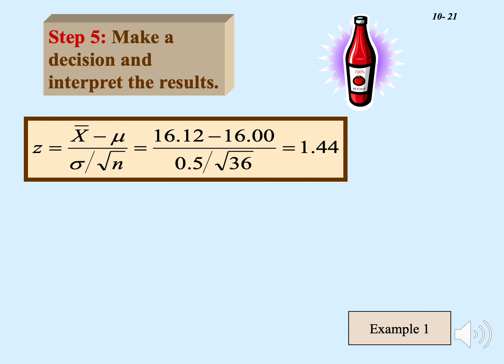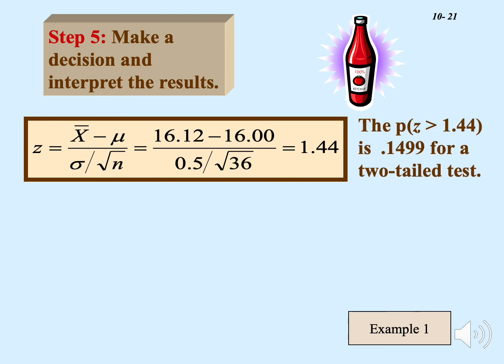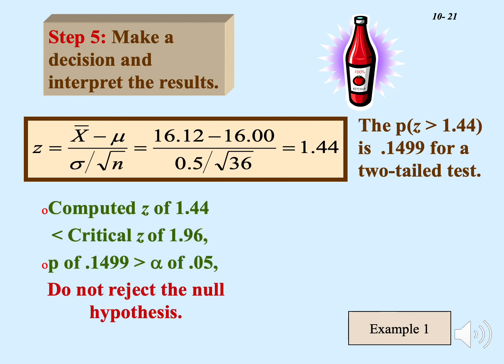And if the Z is greater than 1.44, you look at the table of values again that I gave you, it's 0.1499.